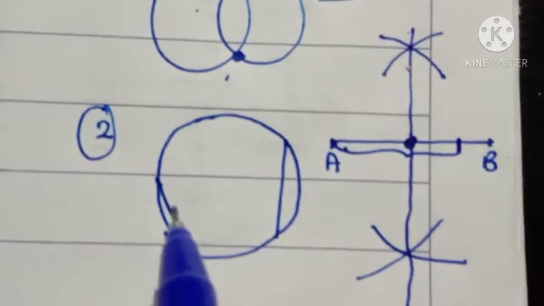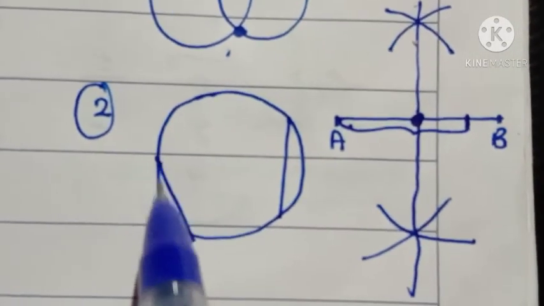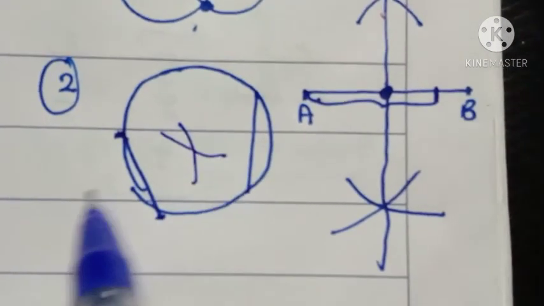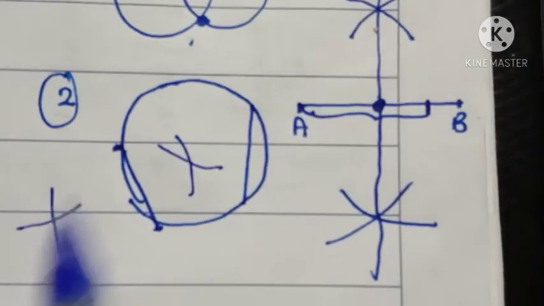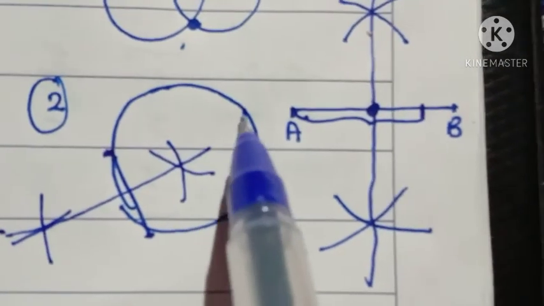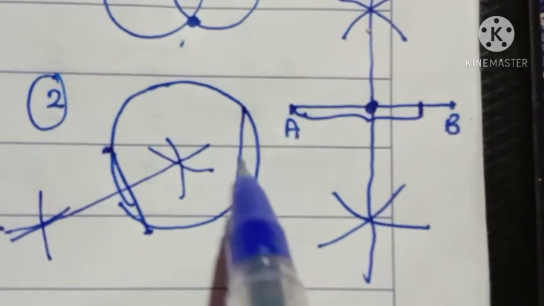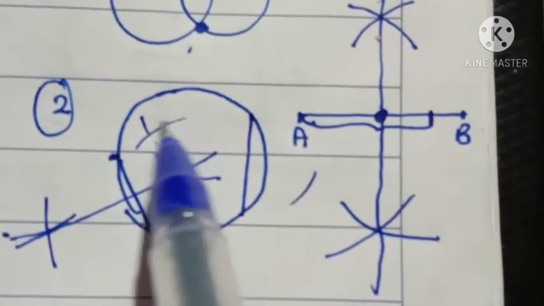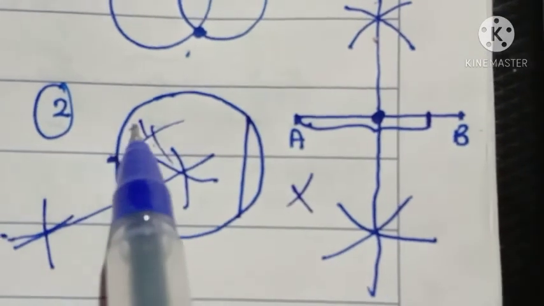In the same manner, we need to draw the perpendicular bisector of this chord. Take more than half of this chord and draw the arcs. Similarly here, more than half of this chord and draw the arcs. Now join.